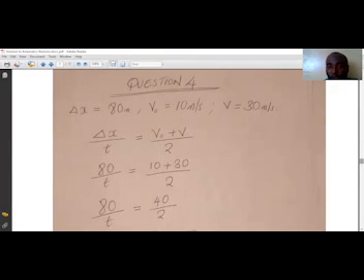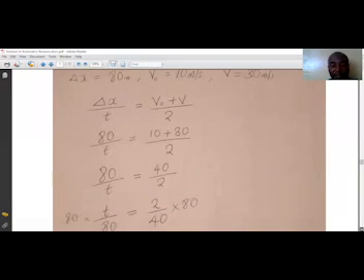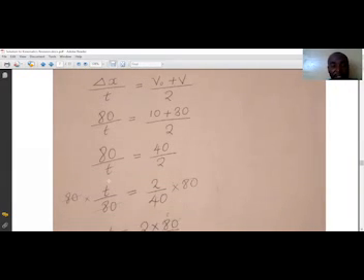Instead of doing 2 equations where you find the acceleration, v squared equals v naught squared plus 2a delta x, then come to find the time, t equals v minus v naught over a, I just use the one equation: 80 over t equals 10 plus 30 over 2. 10 plus 30 is 40. So 80 over t equals 40 over 2.